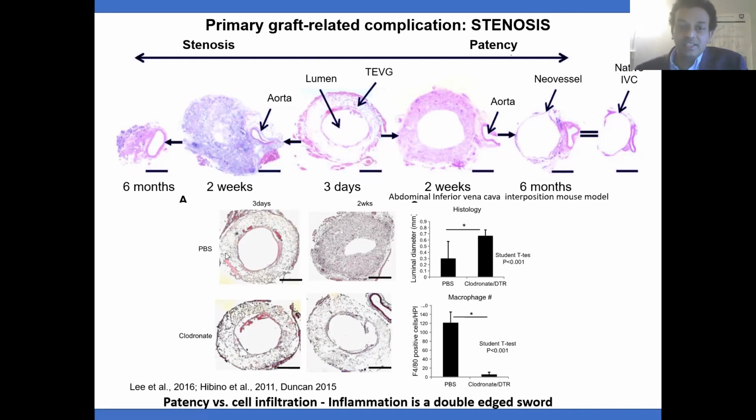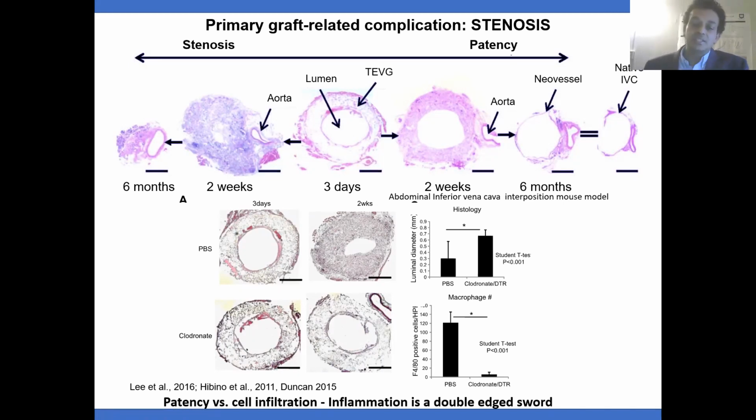They found that with the macrophage inhibitor, this is luminal diameter, with clodronate treatment, the diameter was always high. So the graft was patent. But the problem was, because you did not have macrophages, you did not have cells getting recruited, and matrix was not getting deposited in the wall.